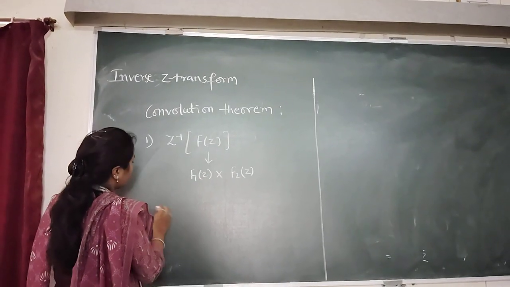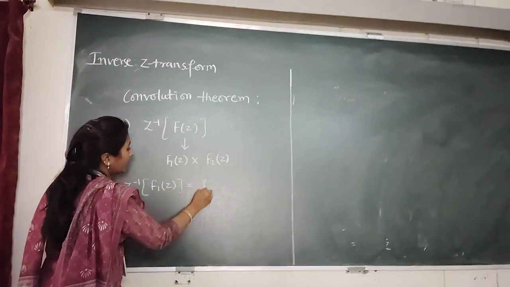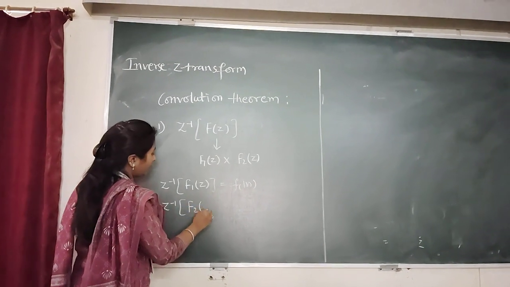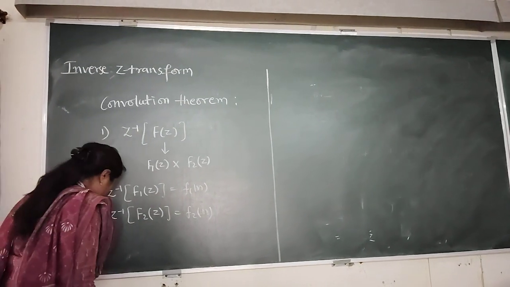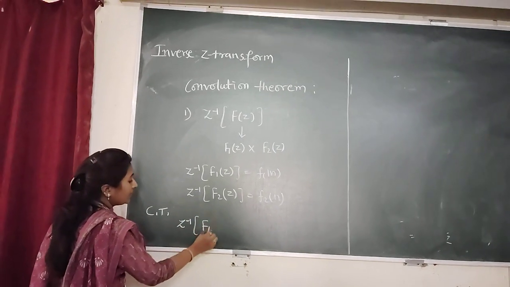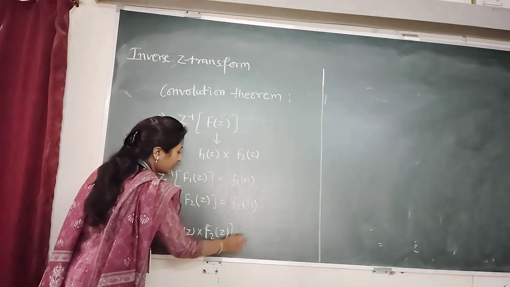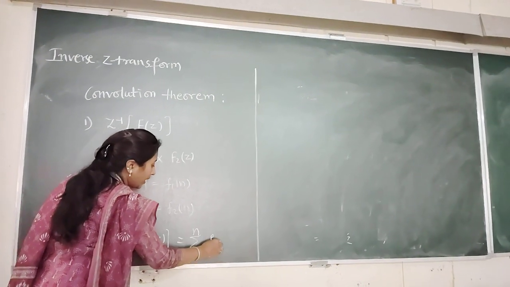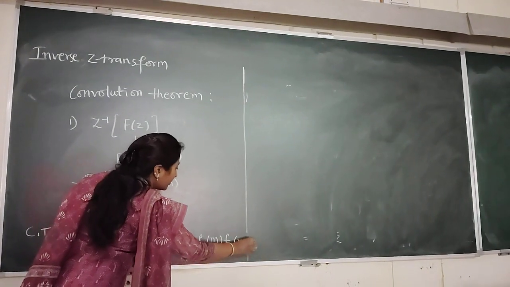After breaking we find Z inverse of F1(z) and denote it as f1(n), and Z inverse of F2(z) denoted as f2(n). The convolution theorem is: Z inverse of F1(z) times F2(z) is equal to summation of m equal to 0 to n of f1(m) f2(n minus m).